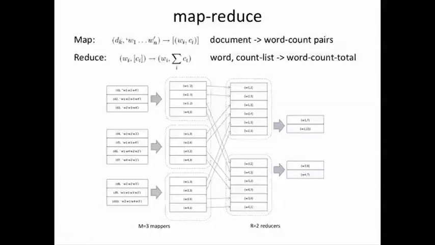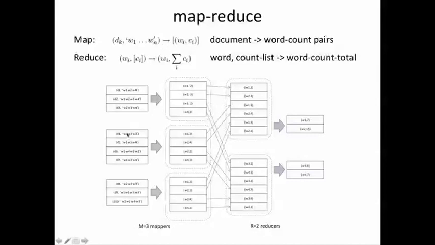Remember that a map task acts on one key-value pair, so it needs to act in this case on one document. It is, however, free to emit many key-value pairs as its output. In this case, the many words that occur in that document along with their frequencies.